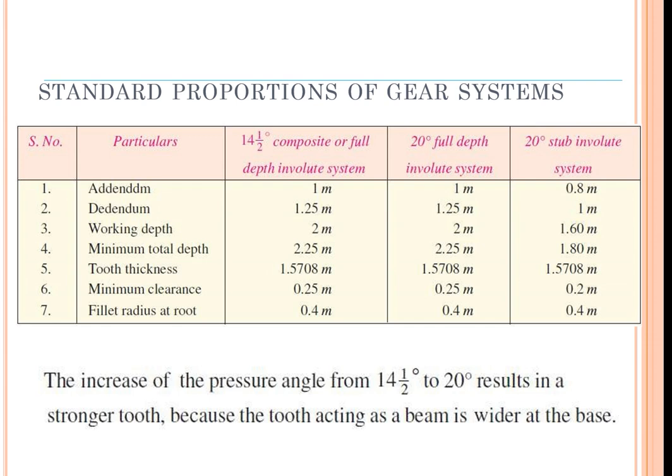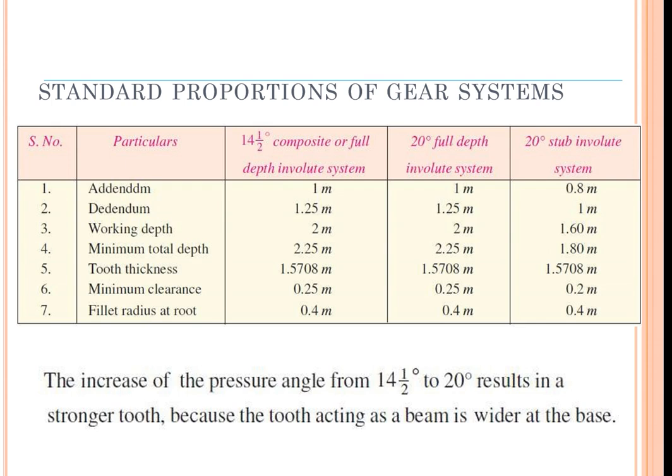Standard proportions of the gear system: the 14.5 degree full depth involute system, the 20 degree full depth involute system, and the 20 degree stub involute system. You will have different values. Addendum is common, that is 1 m.